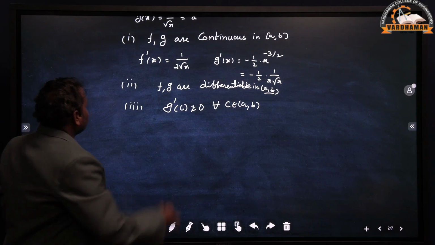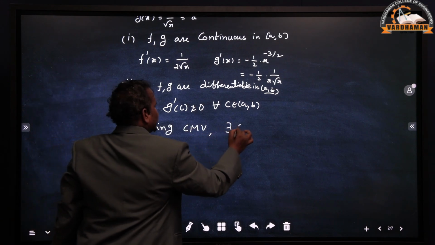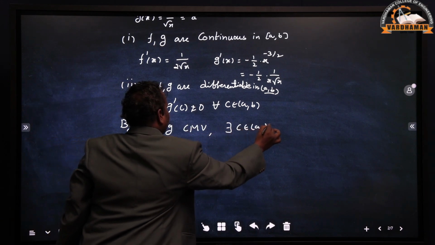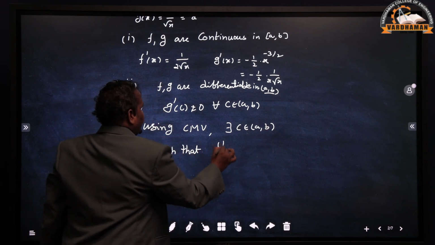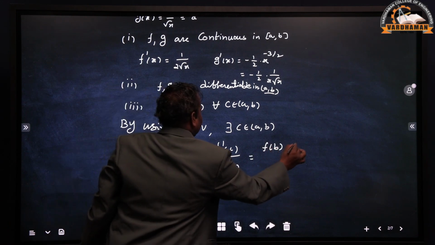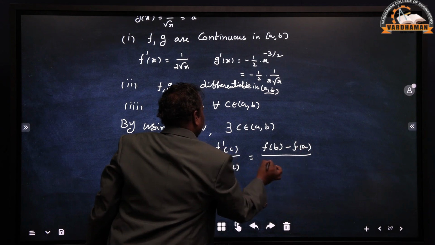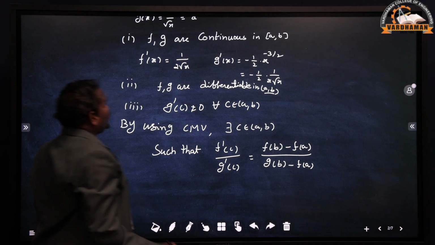So by using Cauchy's mean value theorem, there exists c belonging to the open interval (a, b) such that f'(c) by g'(c) is equal to f(b) minus f(a) by g(b) minus g(a). Substitute all values in this.